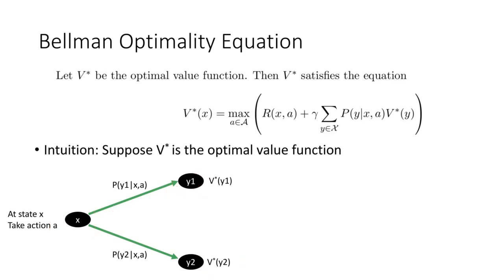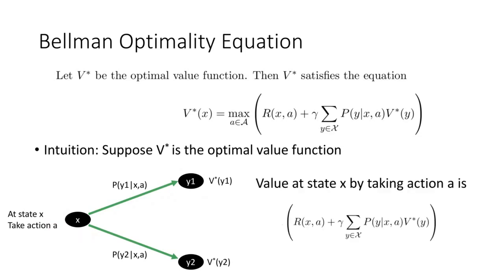Okay. So then, what is the value corresponding to the state X given that you are taking the action A? That is going to be this. If you are in the state X and you take an action A, then you will get a reward R of X, A, right? Then you are going to the next state.